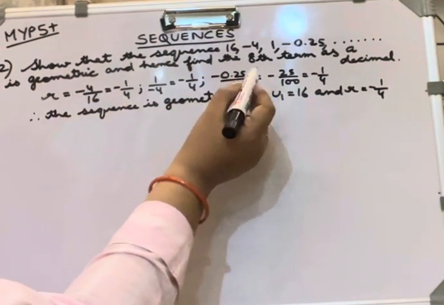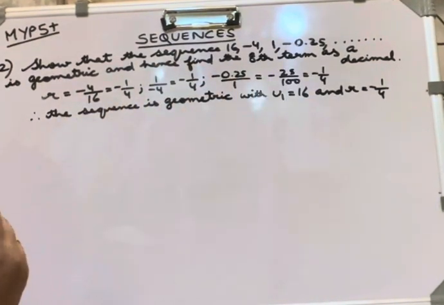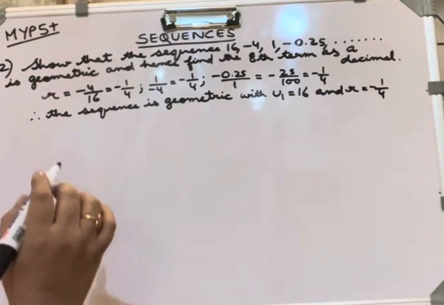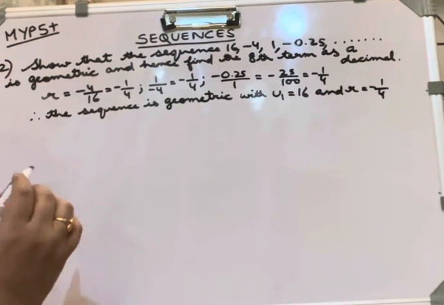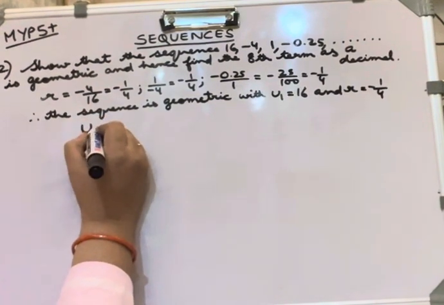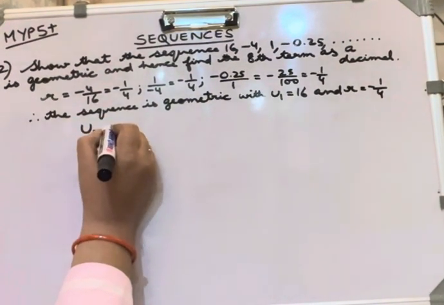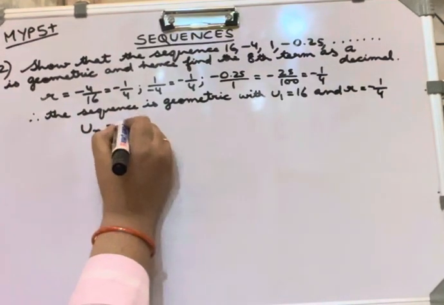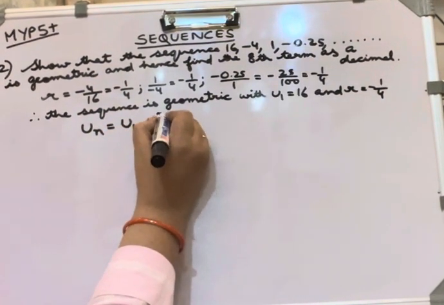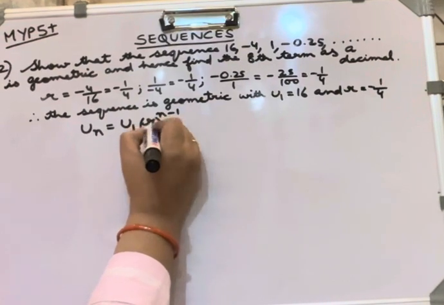Now we will find the 8th term as a decimal. So in order to find the 8th term, first we will find the general term UN of this sequence. So we know that for a geometric sequence, UN is equal to U1 times R to the power n minus 1.